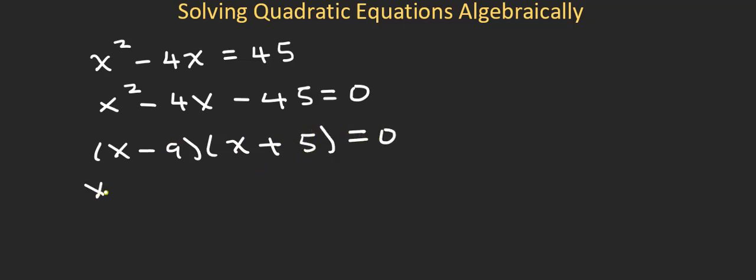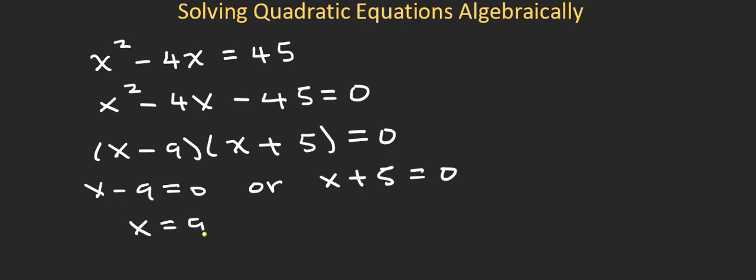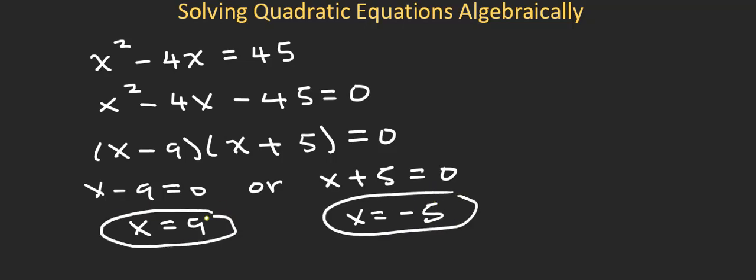Now you could say x minus 9 equals 0, or x plus 5 equals 0. So x equals 9, and x equals negative 5. So we have two solutions. Graphically, if you graph this, the graph will go through the x-axis at x equals 9 and x equals negative 5.